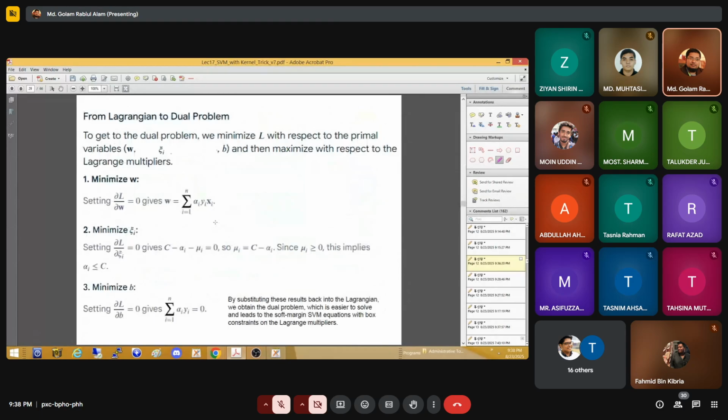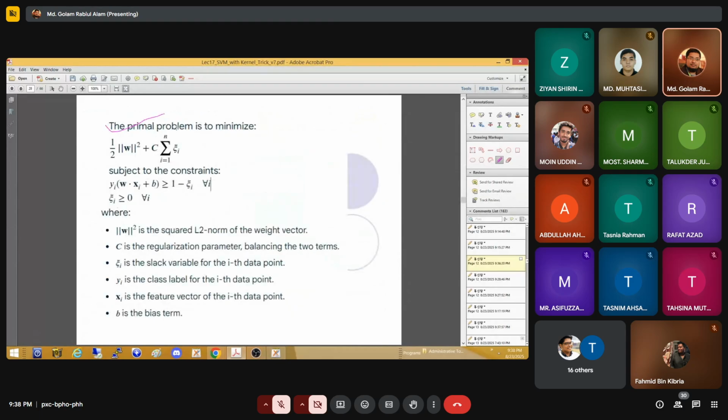Then here's the solution for the primal problem. We have to minimize half W squared plus C times the summation of xi i, which is the slack variable.